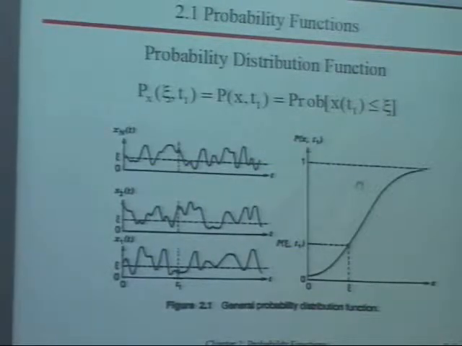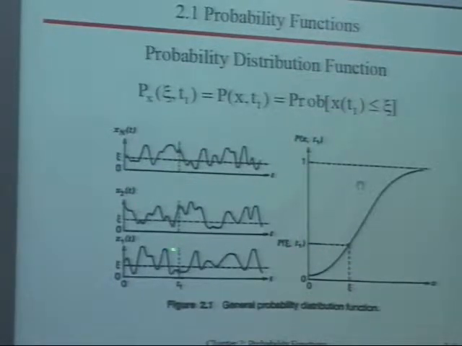It's a fixed value. So as you look at here, you're looking for the probability that x at a given time t1 is less than the chi, right? So in this case, let's say only 3 events here.